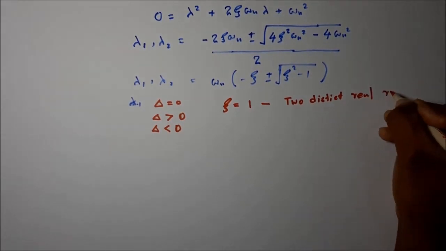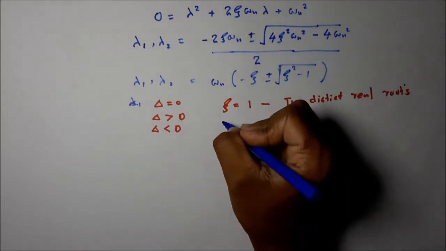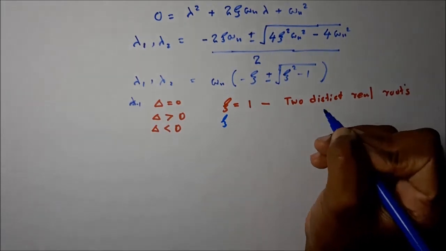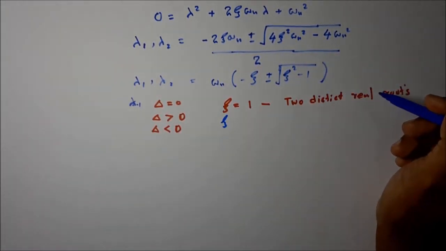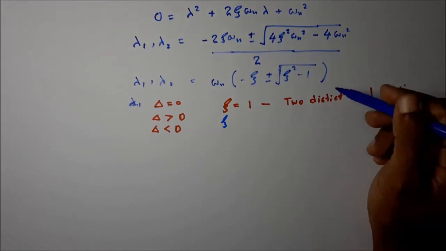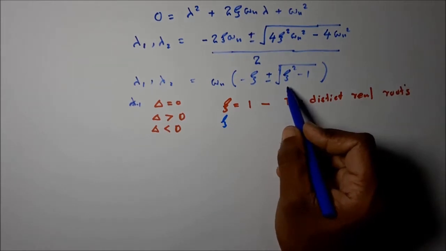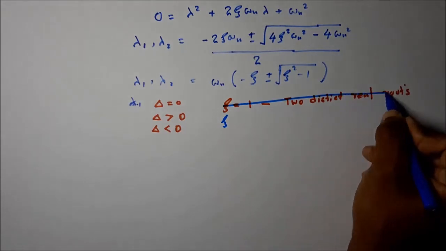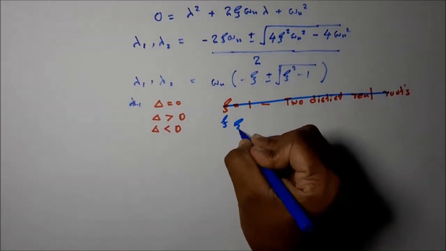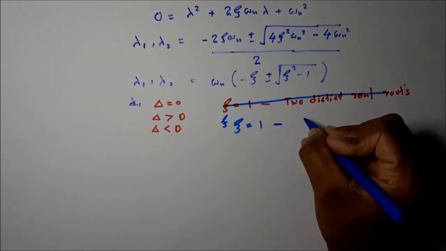What happens if this term is equal to 0? The two distinct roots are coinciding. If zeta is equal to 1, we have the roots coinciding.